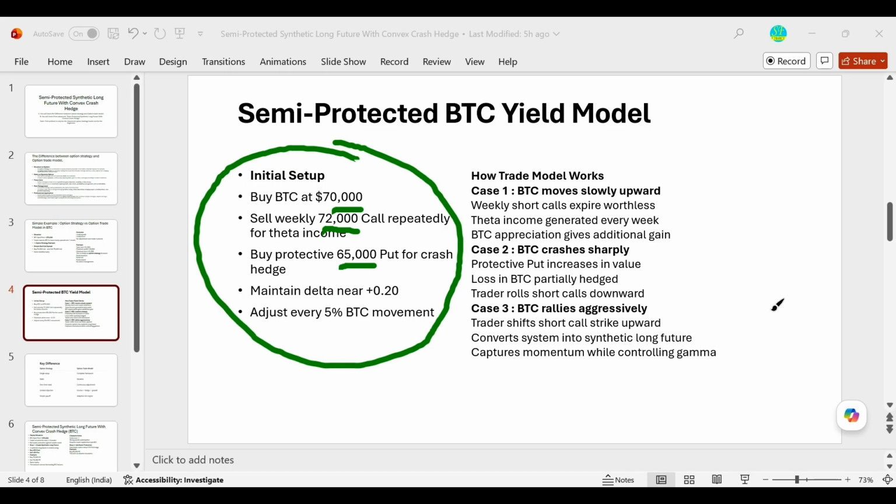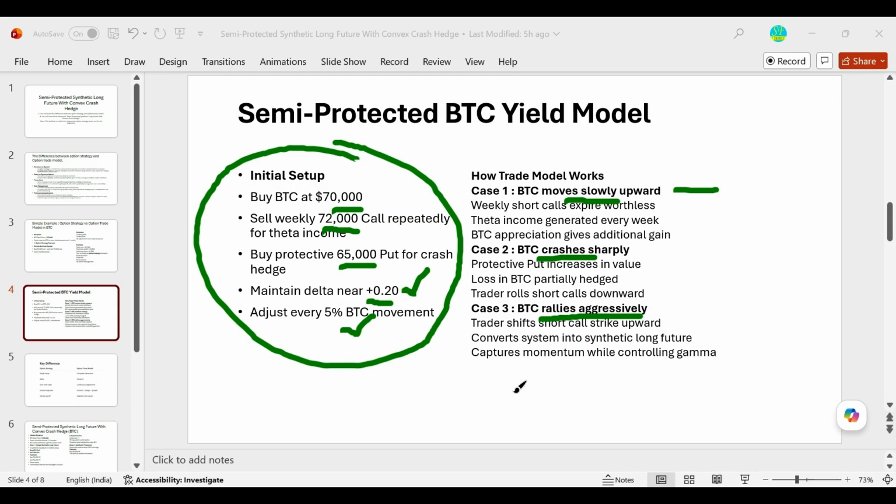So this is also a strategy, but you have many components in this. You are maintaining a delta. You are going to make one adjustment on each 5% move. So you have different cases here. Case one, BTC moves slowly upward; BTC crashes sharply; or BTC rallies aggressively.